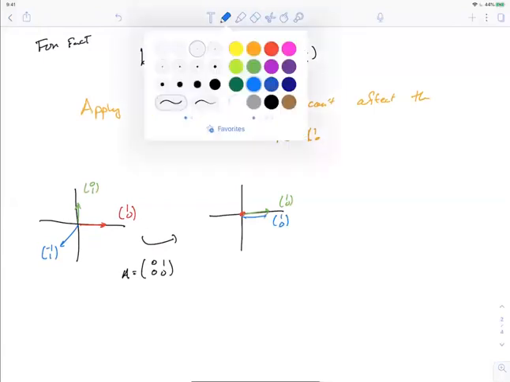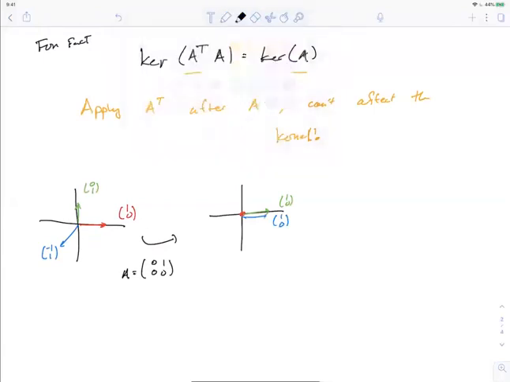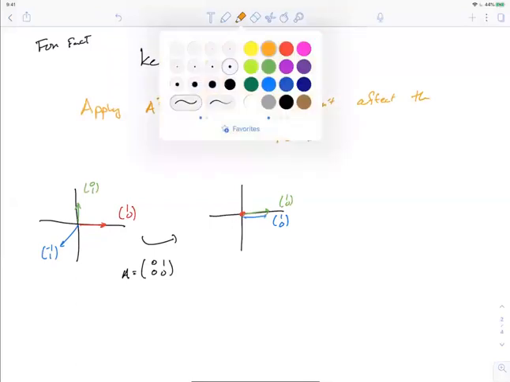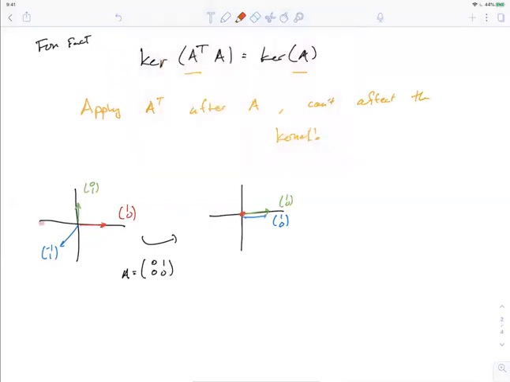All right, so the kernel of this is going to be everything that gets squashed. Everything that gets squashed is going to fall on this line. So everything on this line is going to get squashed to here, to the first one. Now the question is, do more things get squashed if we apply A transpose?